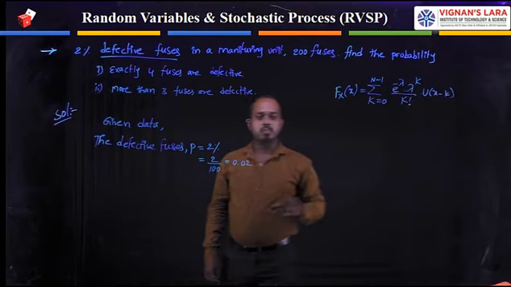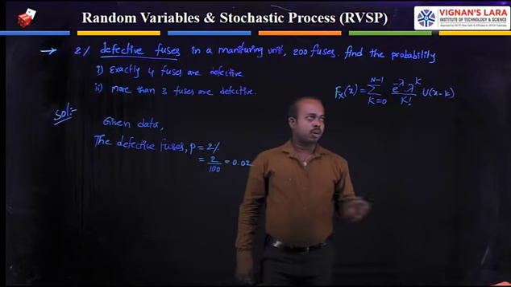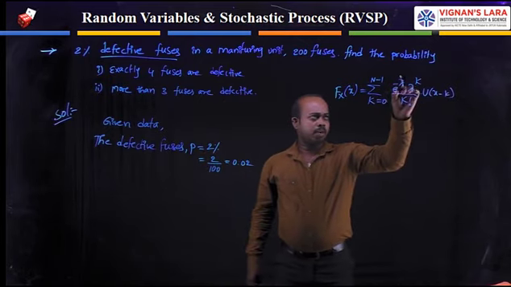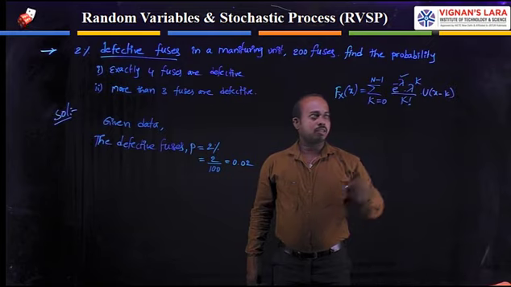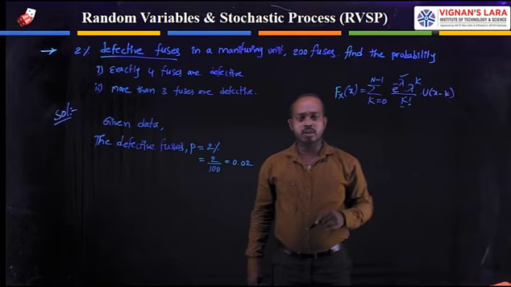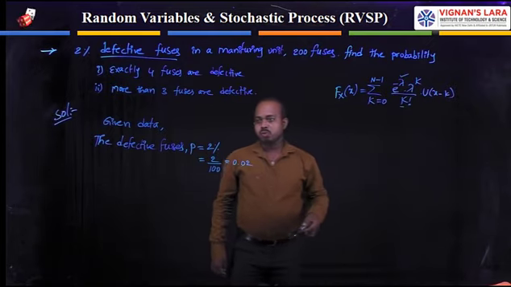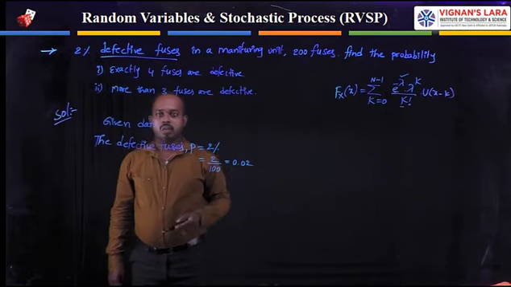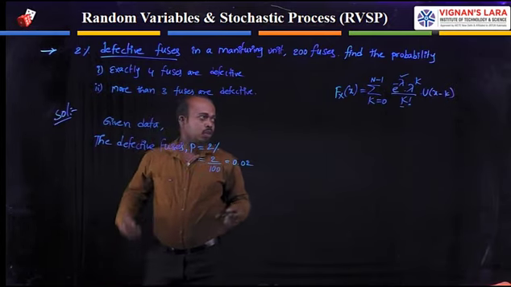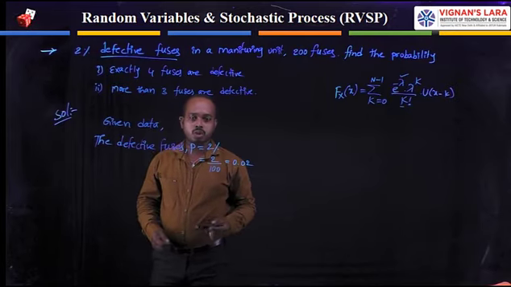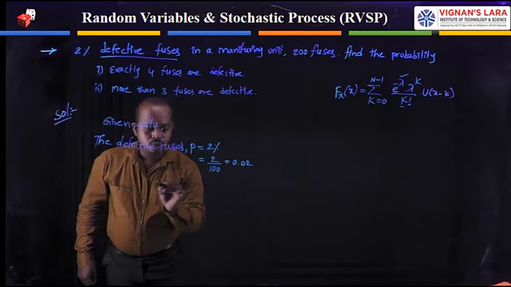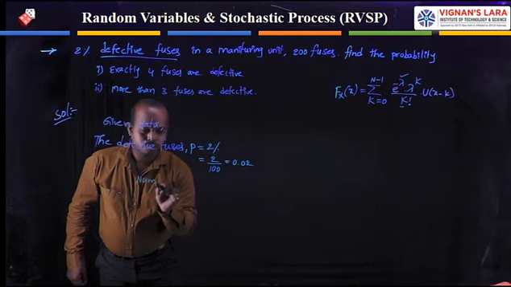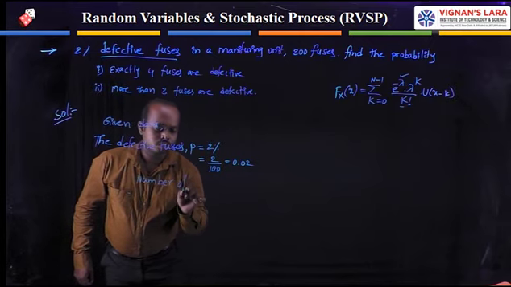In this, our desired values are lambda and k. How to find lambda? Before that, what is the n value? N is the number of trials.